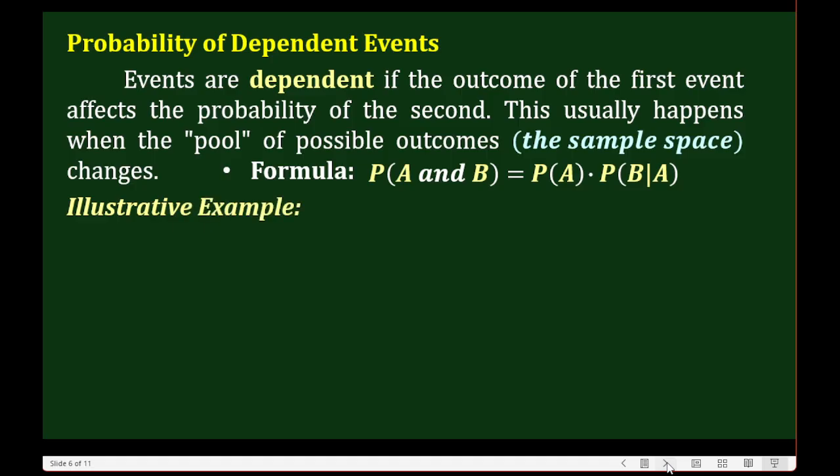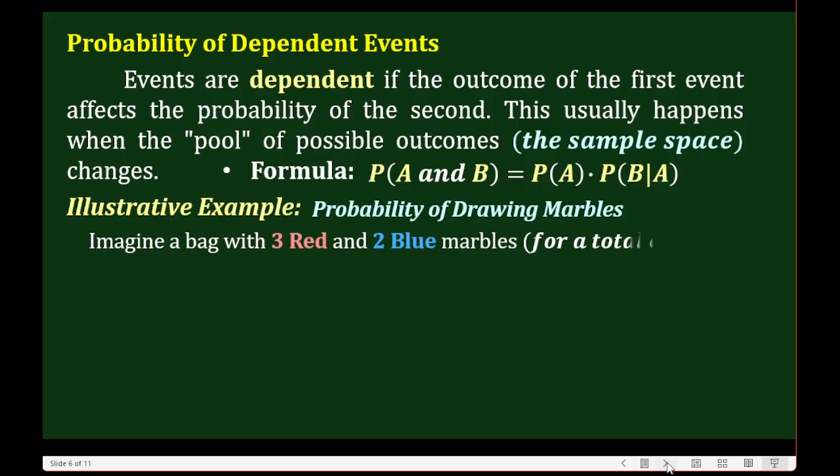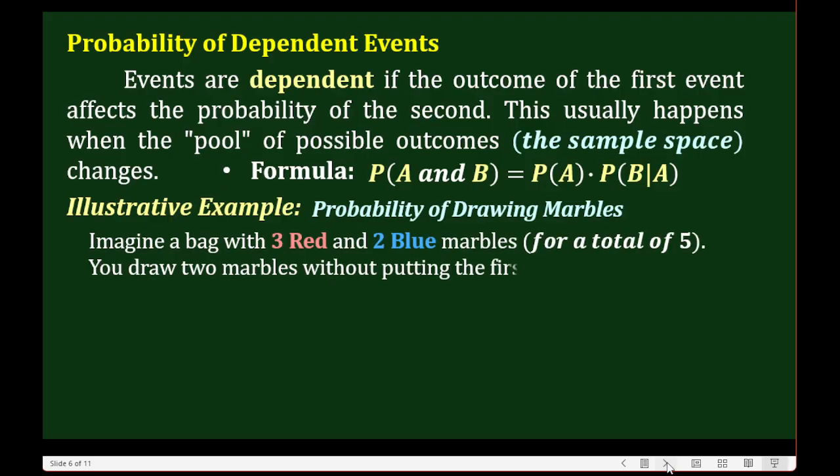For example, let us consider the probability of drawing marbles. Now suppose we have a bag containing 3 red marbles and 2 blue marbles. So if we get their total, we have a total of 5 marbles.